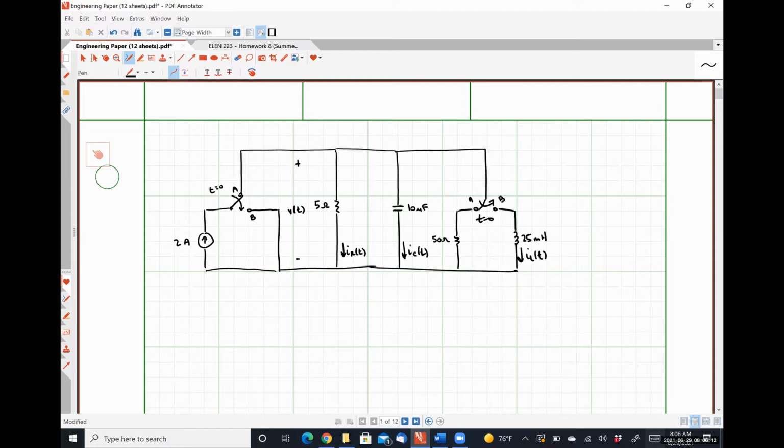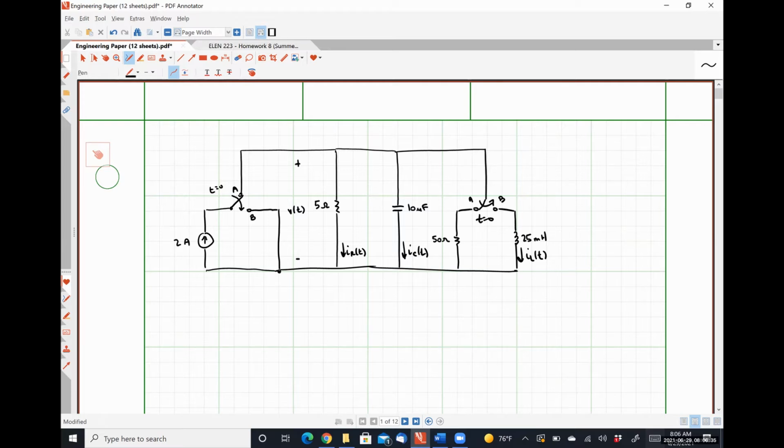Okay, so in this particular problem, before t equals 0, the 2 amp source is connected to a network containing a 5 ohm resistor, a 10 microfarad capacitor, and a 50 ohm resistor, all connected in parallel.